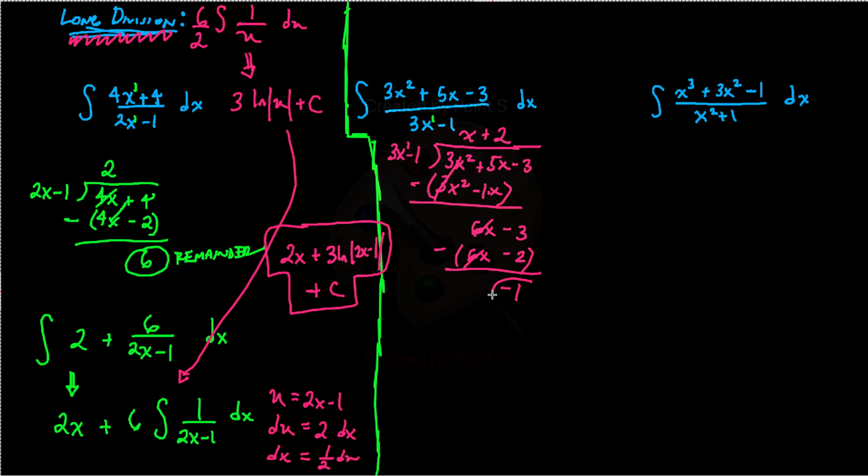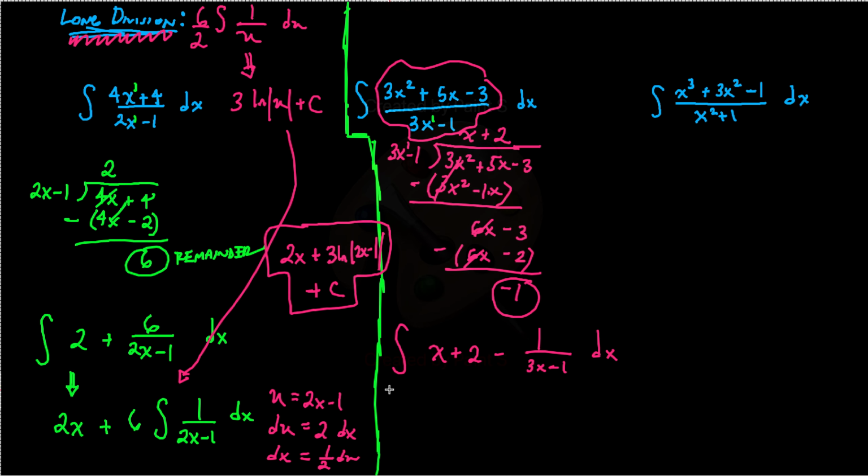So this is now my remainder. I write it as x plus 2 minus, because it's a negative 1 over the divisor, 1 over 3x minus 1. And this is what I'm integrating, dx. I just did some algebra. I just did this division for this rational function and wrote it like this.